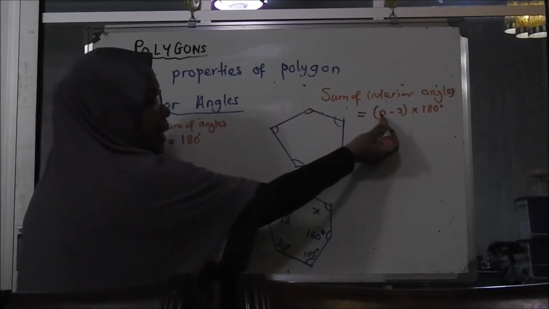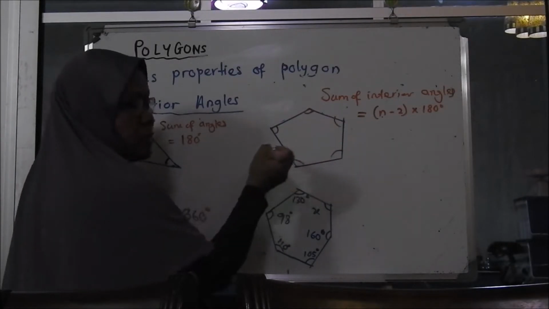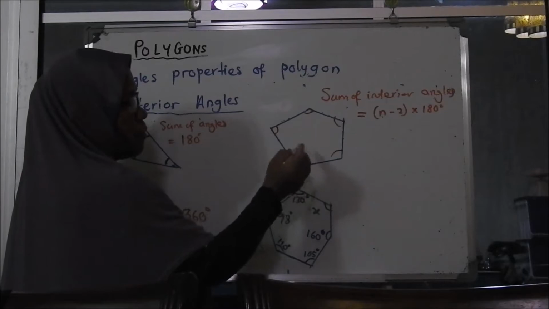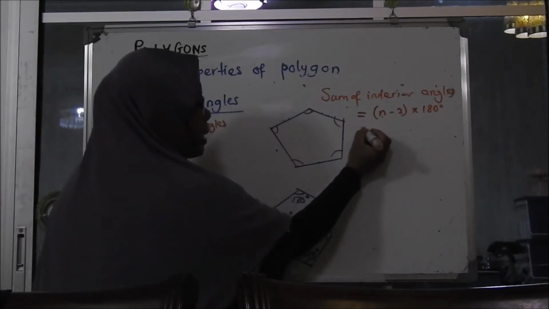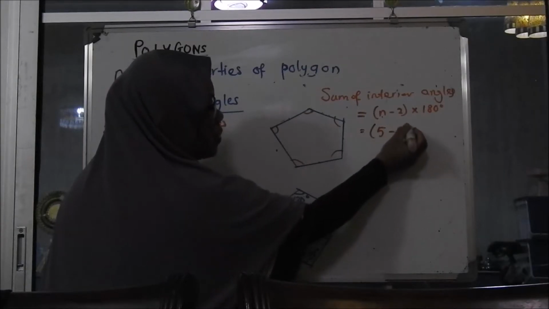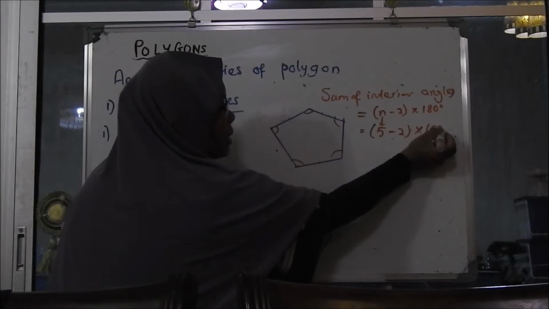Now, what is n? N refers to the side, this one. How many sides for this polygon? 1, 2, 3, 4, 5. So you have now 5 minus 2, where this one refers to side, multiply 180 degrees.